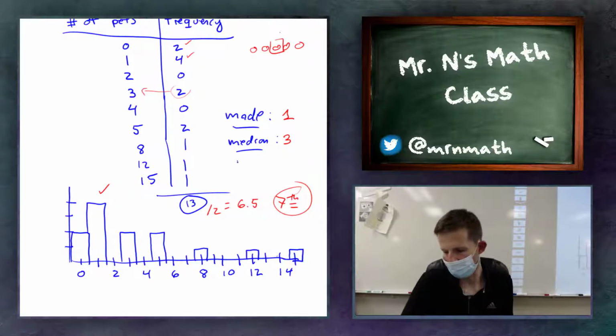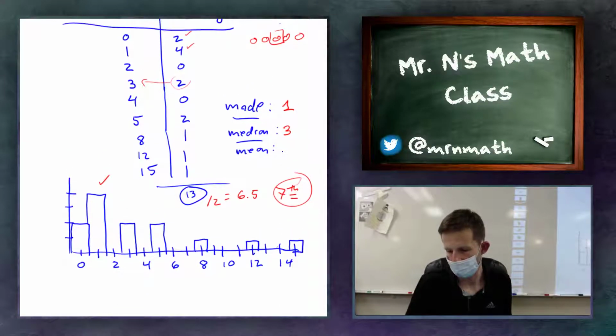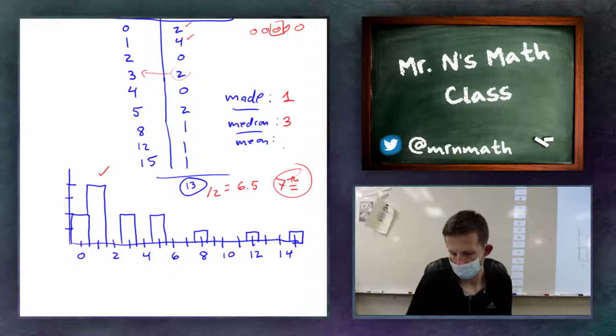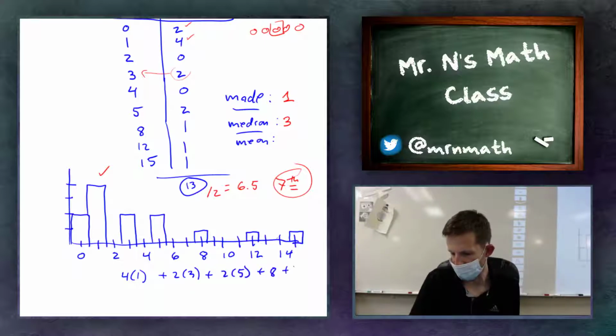Let's talk about how to find the mean using this grouped data. So how do I find the mean? I have 4 1s, and I have 2 3s, and I have 2 5s, and then I have an 8, a 12, and a 15.